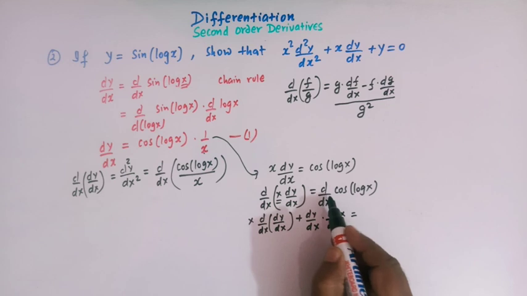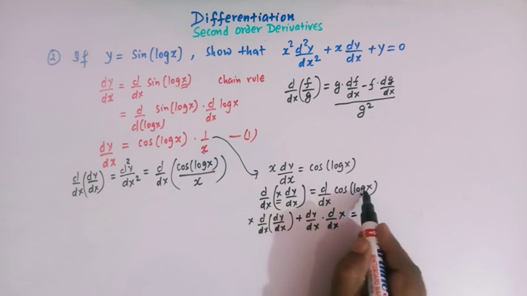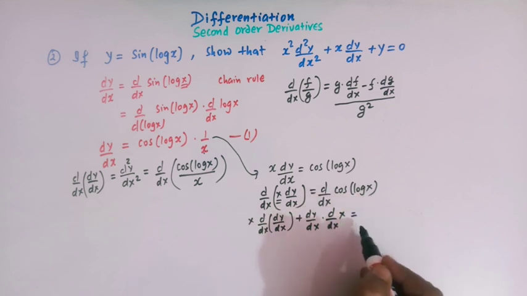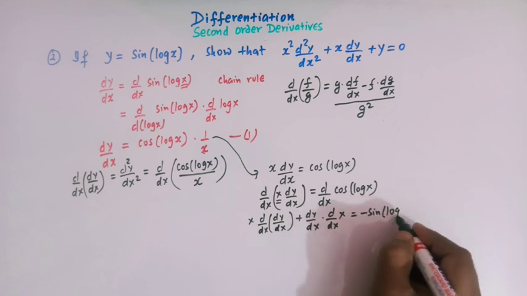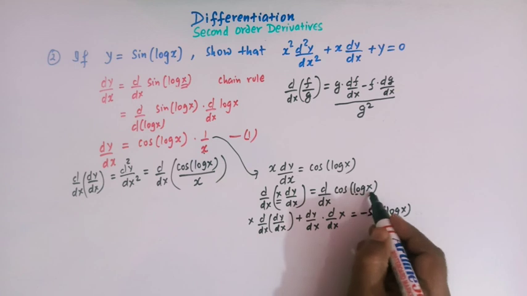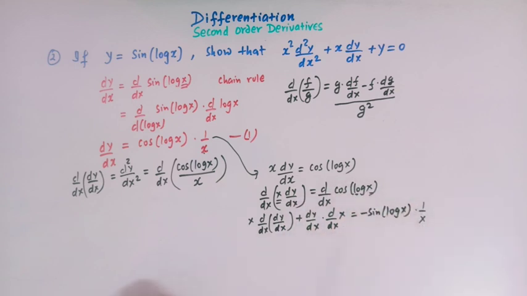And here the derivative of cos log x with respect to log x is negative of sine log of x, and then the derivative of log x by chain rule, that is 1 over x, right?